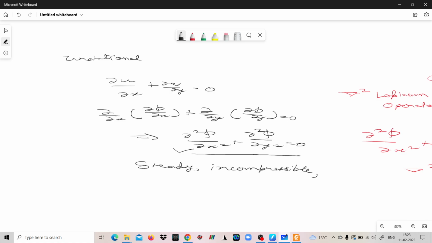And irrotationality is definitely there, because the existence of phi itself confirms the irrotationality condition. What is important that you need to remember, which is very important even for competitive exams, is that if phi exists, then the flow is irrotational. And in addition, if it satisfies Laplace equation, then the flow is steady, incompressible, irrotational flow.